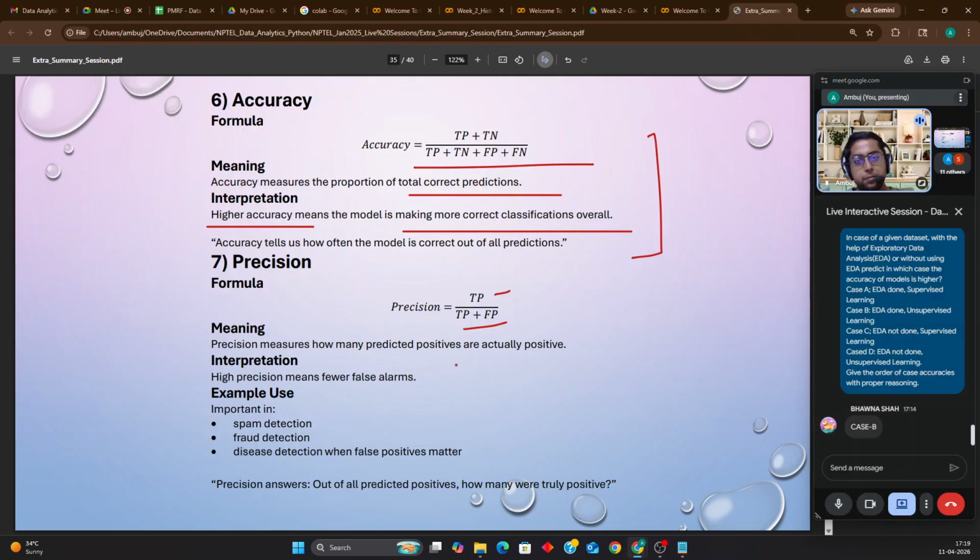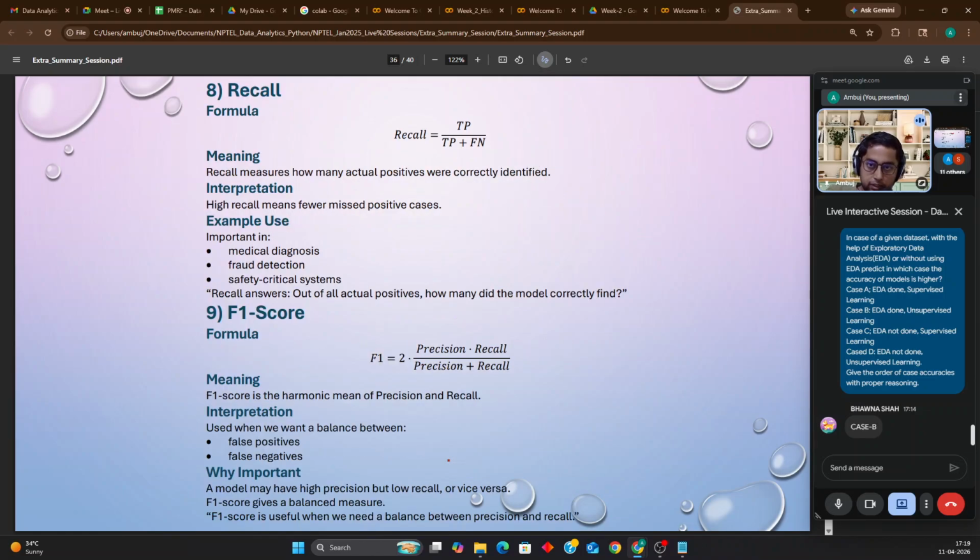It measures how many predicted positives are actually positive. Higher precision means fewer false alarms. It is important in spam detection, fraud detection, and disease detection. It answers the question: out of all predicted positives, how many were truly positive?